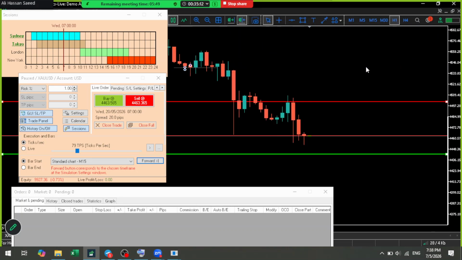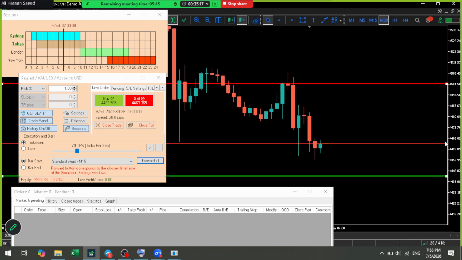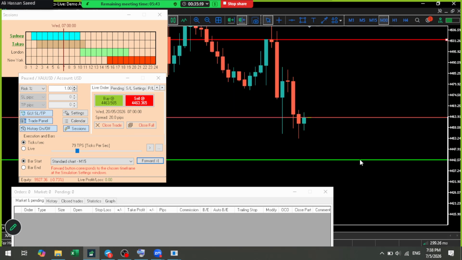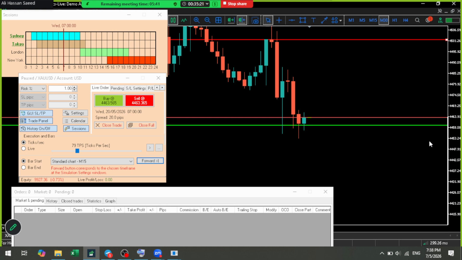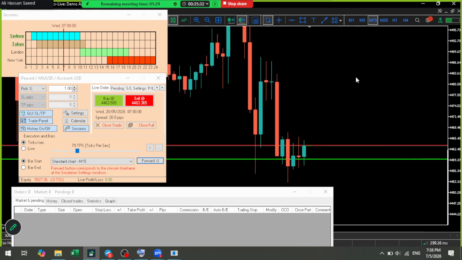1 hour, same thing. 30-minute, we have a support. Nice clean range to the upside, double clean range, maybe this clean wick and then this range. On the 15-minute, what do we have?